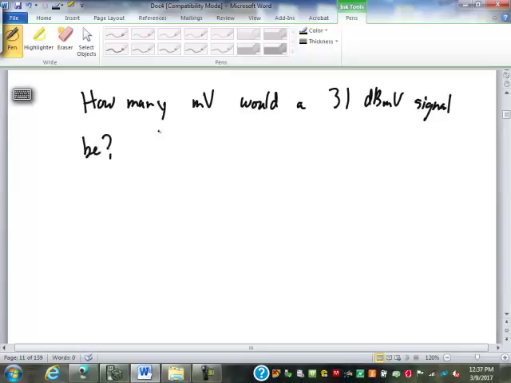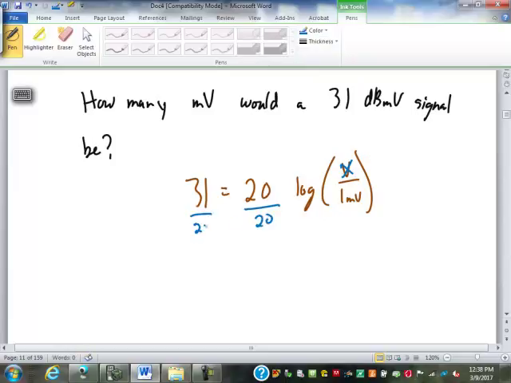So it's going to be 31 equals 20 log of X over 1 millivolt. Divide by 20.